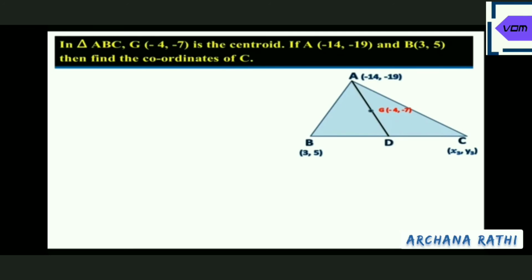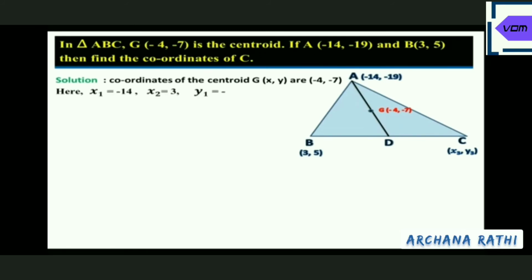So let the centroid G be (x, y), but we have been given that it is (-4, -7). Therefore x is equal to -4 and y is equal to -7. Now here let x1 is equal to -14, x2 is equal to 3, y1 is -19, y2 is equal to 5, and we have to find x3 and y3. Now by the centroid formula, x is equal to (x1 plus x2 plus x3) upon 3.